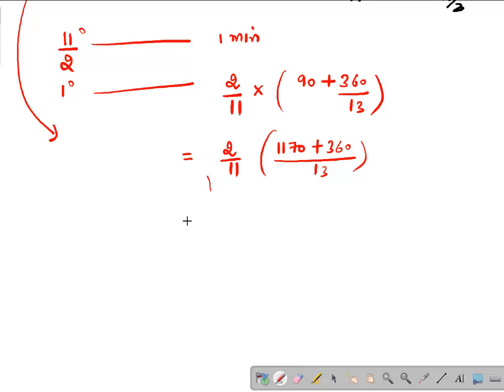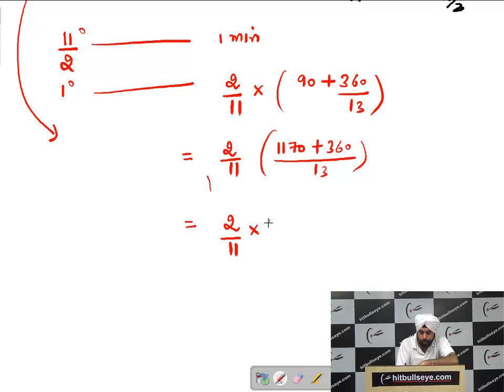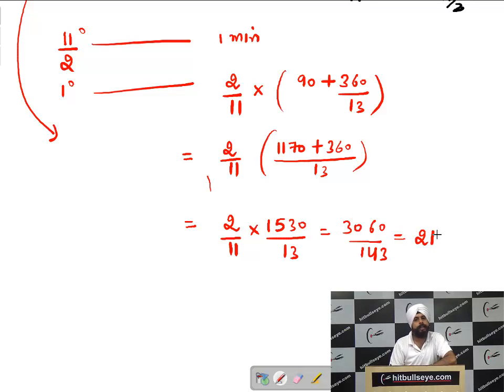Students, it becomes 2 by 11 into 1530 by 13, that is 3060 by 143. Solving this is 21, then 57 left divided by 143. So 21 and 57 by 143 minutes past 3 o'clock, the person goes out of his house.